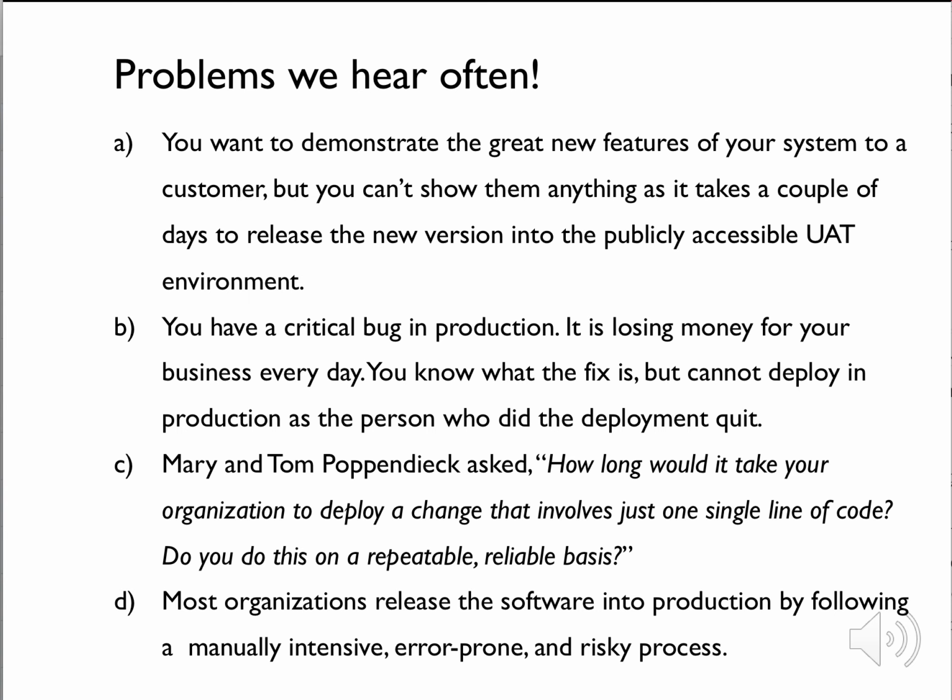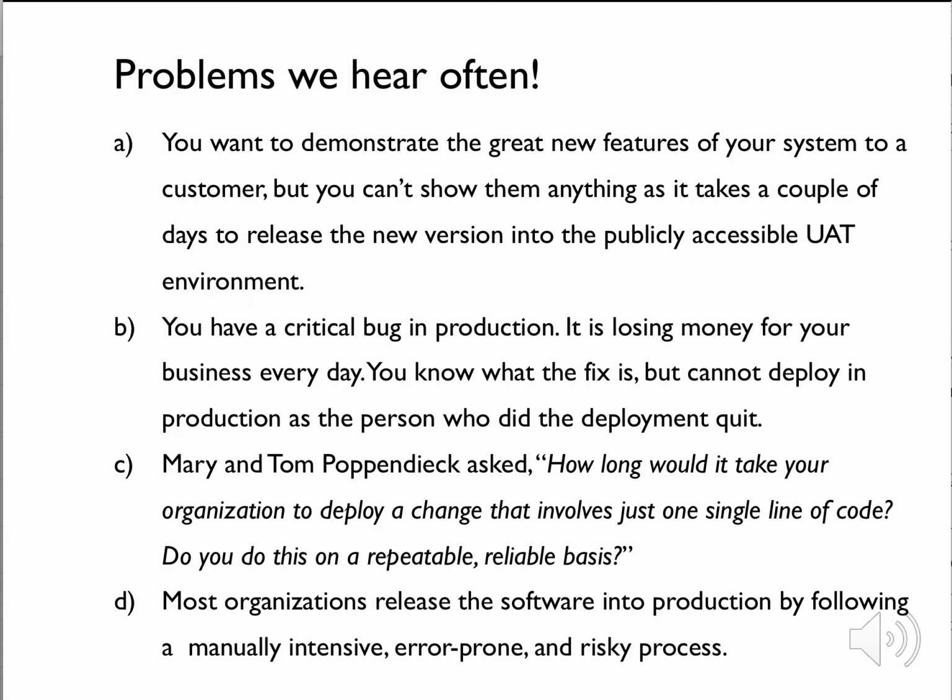I don't know what organizations' processes are because of which even a small single line of code change, if you want to make it to production, you have to follow a long manual process of delivering to the customer.